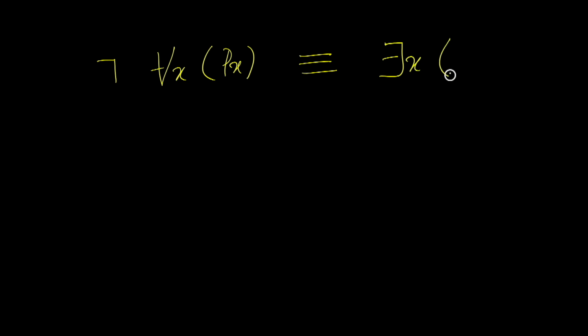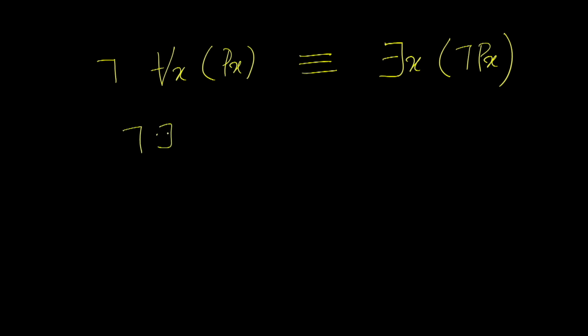So, these two equivalences, we can avoid these parentheses and simplify the expression. It says that there is some X so that P of X is violated. If it is not the case that P of X is true for everybody, then there must be some X for which P of X is violated.